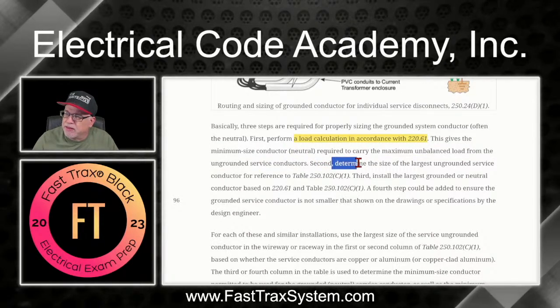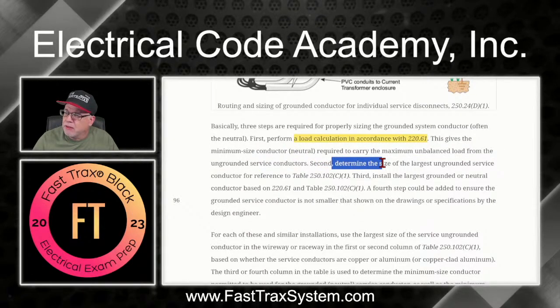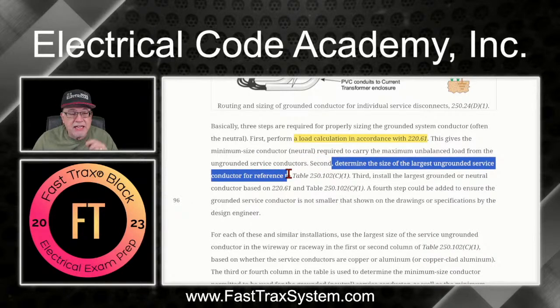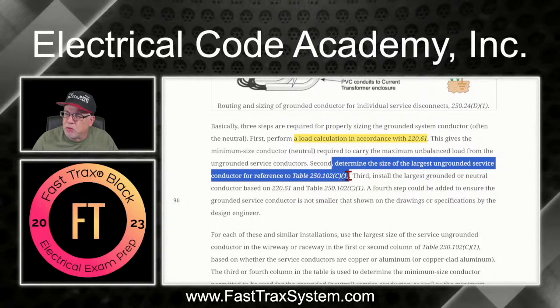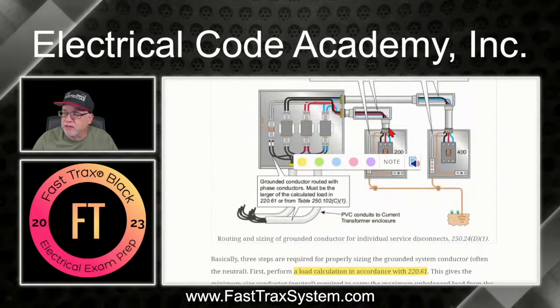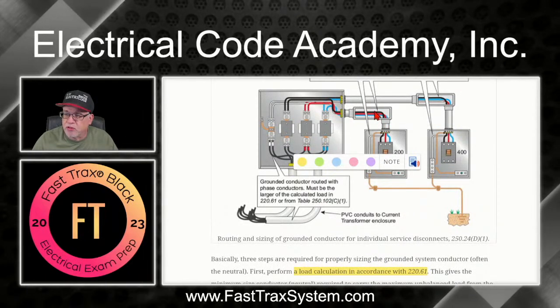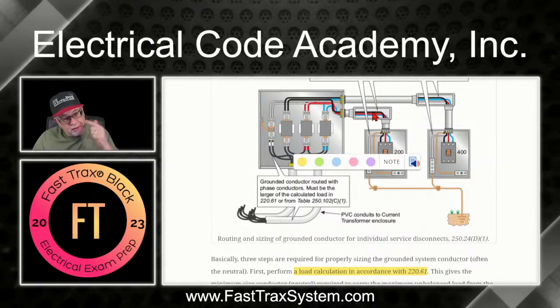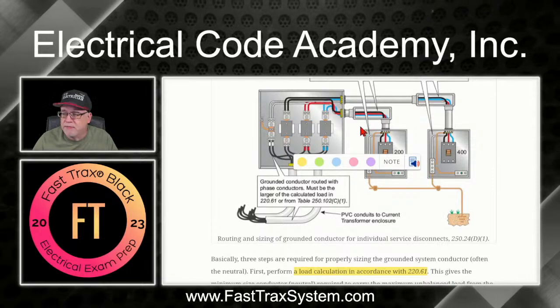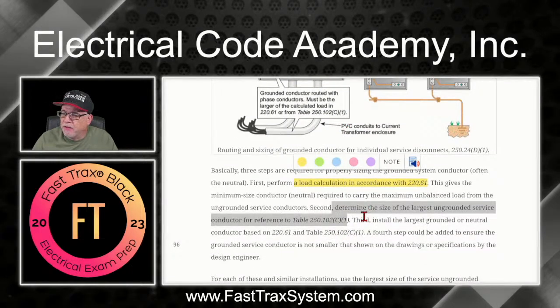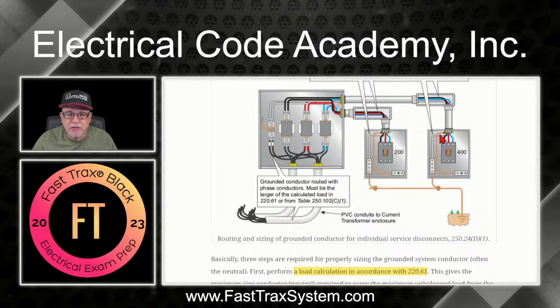Next, we're going to determine the minimum size based on the largest ungrounded service conductor for reference in each raceway to table 250.102C1. Okay, so in this case, we're taking the conductors from here. Say this is 350. We're going to take that 350. Then we're going to 250.102C1. Okay. And we do the same thing for this raceway, for this grounded conductor.